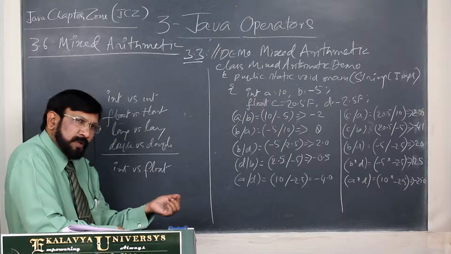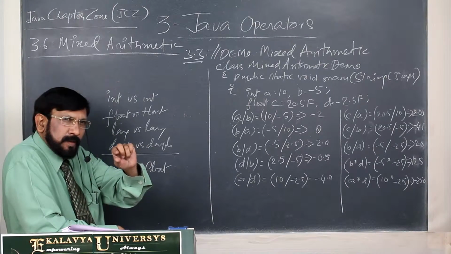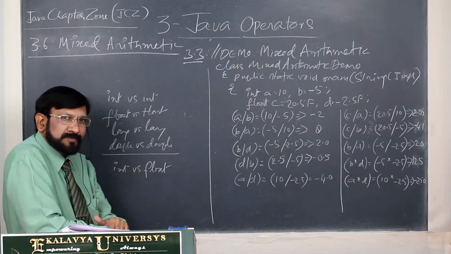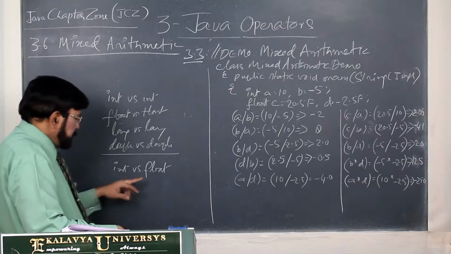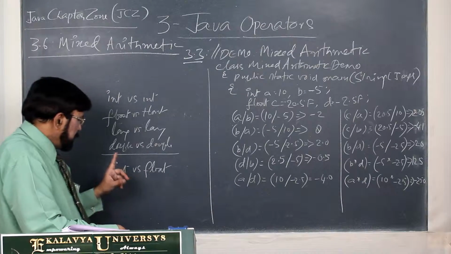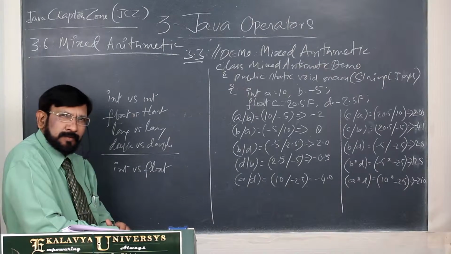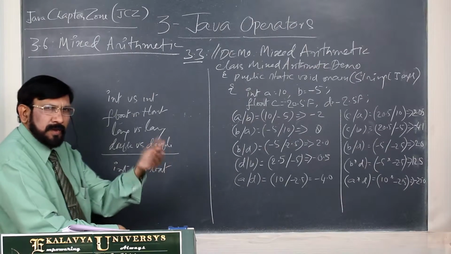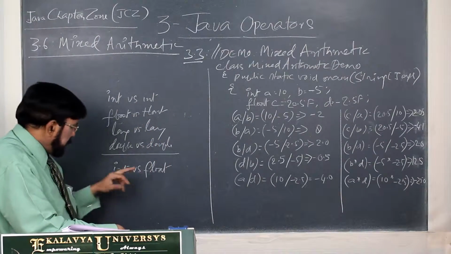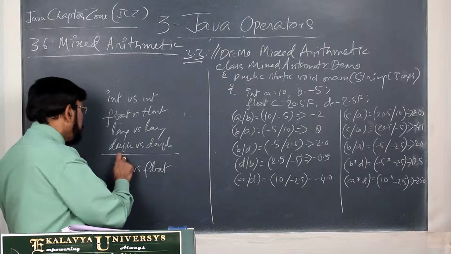We can store an int into a float, but we cannot store a float value into an int without loss. Understand? That's why in this context, even though the sizes of int and float are the same, float is the superior one. So before the actual operation is made, int is first promoted to float.